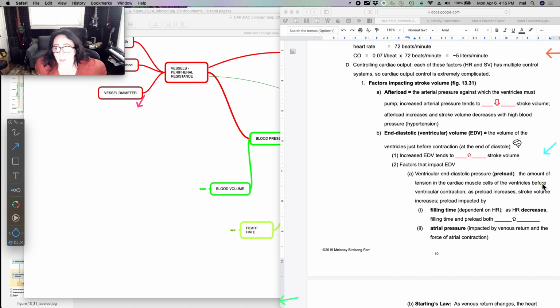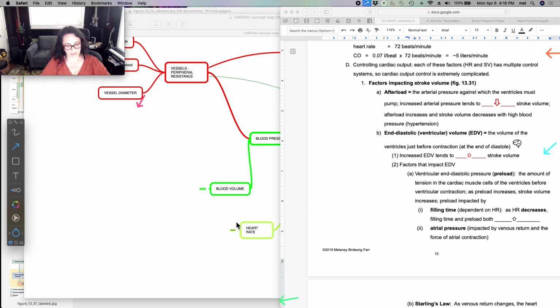Okay, so preload, how full the chamber is before contraction. And what preload has primarily to do with is how long it had to fill, and then how hard the atria are pushing blood into the ventricles.